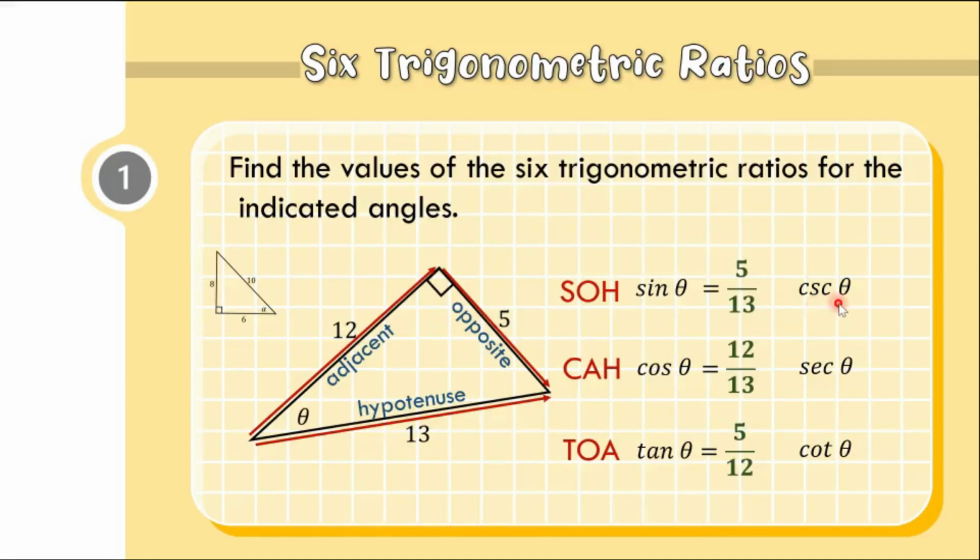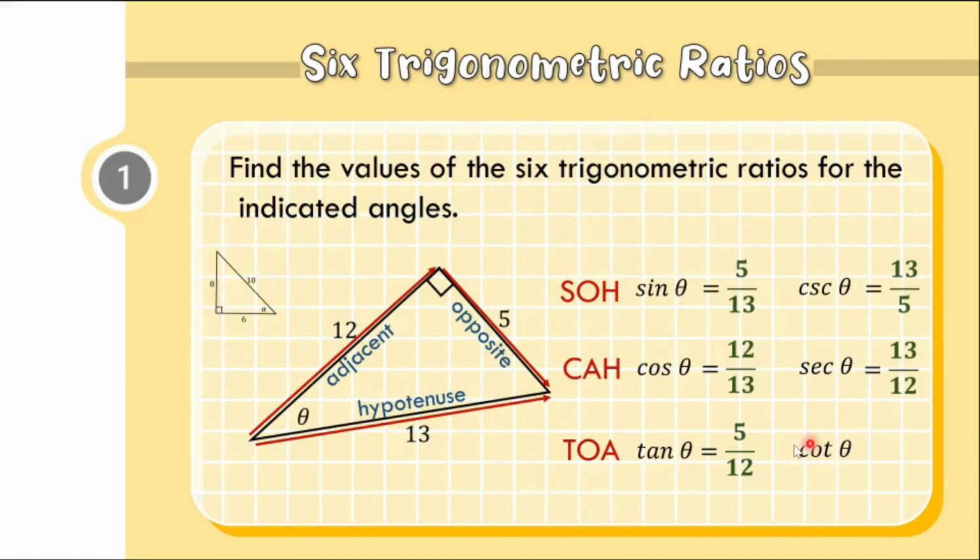Let us have the cosecant theta. Since we know that cosecant is the reciprocal of sine, then cosecant theta is equal to the reciprocal of 5 over 13, which is 13 over 5. Secant theta is equal to the reciprocal of cosine theta. So if we have here 12 over 13, then secant theta is equal to 13 over 12.